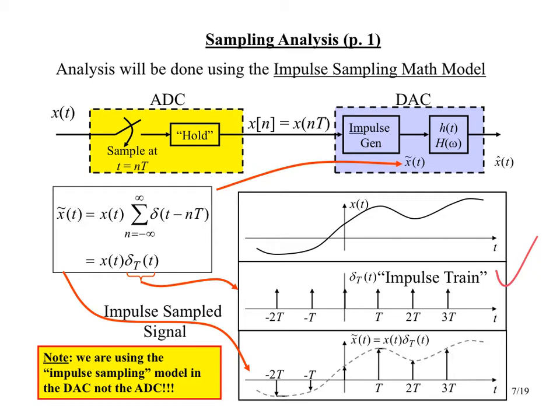And then the last thing we imagine is taking x of t times this impulse train, and we can visualize that this way. Now, just a word of caution here. Remember, these delta functions in this impulse train go to infinity. They have a height of infinity, a width of 0, and an area of 1. I know, a really weird, bizarre thing, but that's what we're working with here.